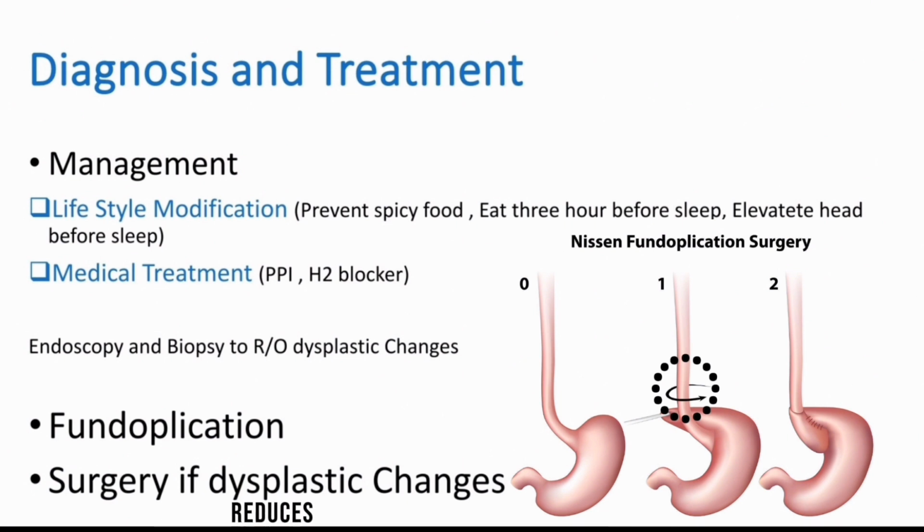Now, it reduces the amount of acid that enters the esophagus from the stomach, and this procedure can eliminate gastroesophageal reflux disease symptoms that are not relieved by medication. And also, the fundoplication as a procedure is happening by making a wide incision into the patient's abdomen to expose the stomach and the lower esophagus, and then the surgeon will wrap the upper portion of the stomach around the esophagus, creating a pressure on the lower part of it.